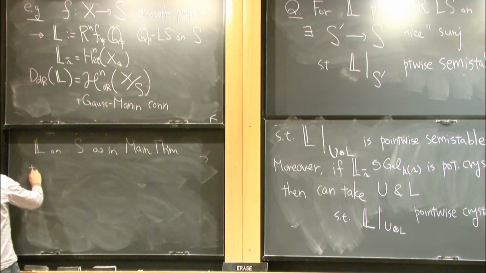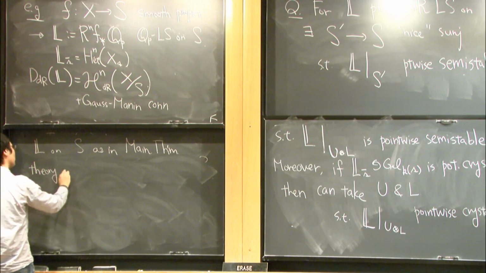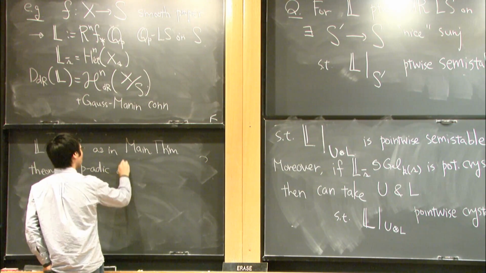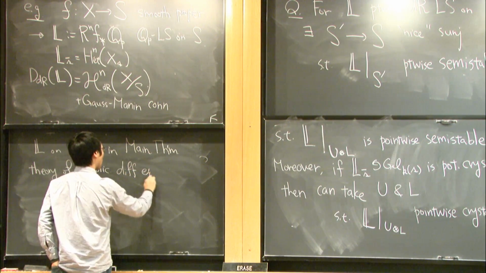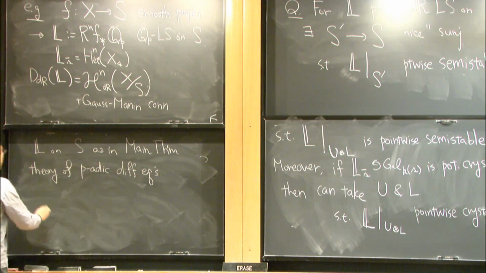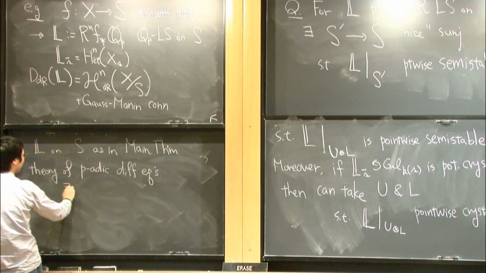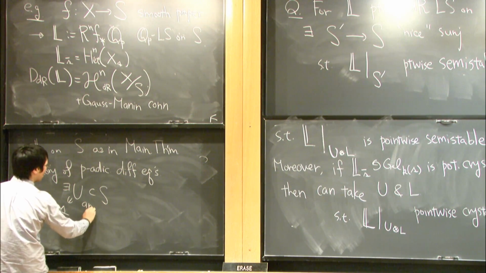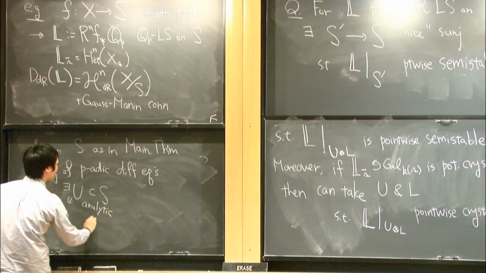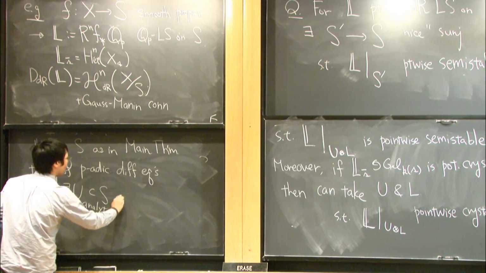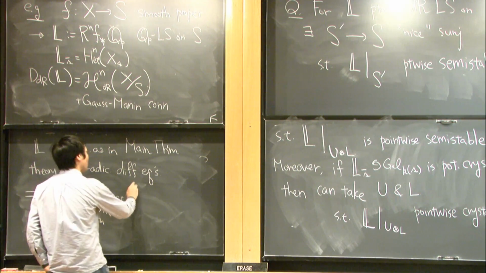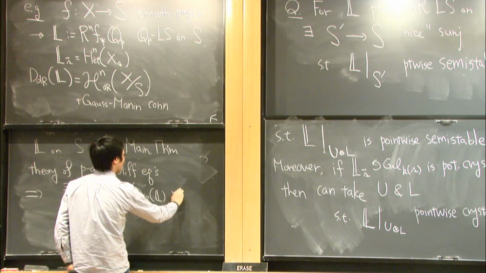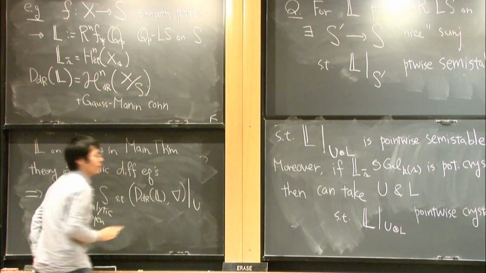Then the theory of p-adic differential equations over p-adic fields tells you there is a nice analytic open neighborhood of the given point, such that if I restrict my vector bundle with connection to this neighborhood, this is trivial.